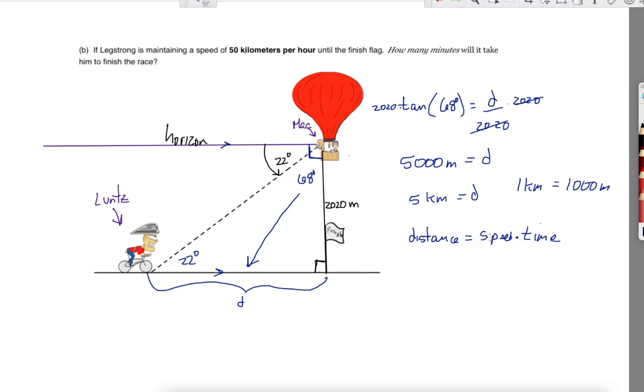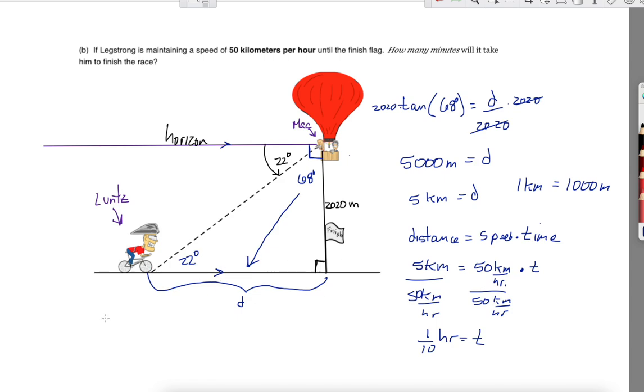So he's got 5 kilometers distance, and he is going 50 kilometers per hour. And we're looking for the time. So if I divide both sides by 50 kilometers per hour, 5 over 50 is 1/10 of an hour.